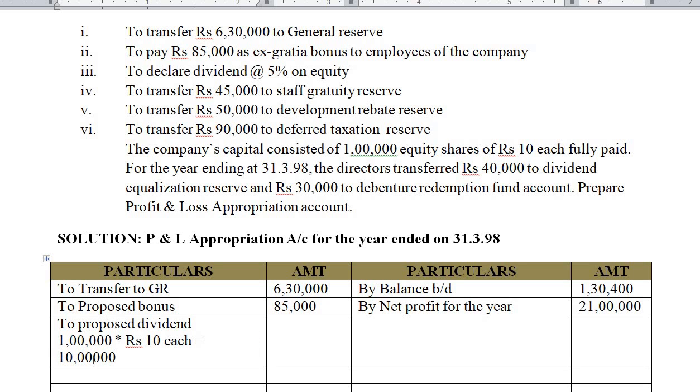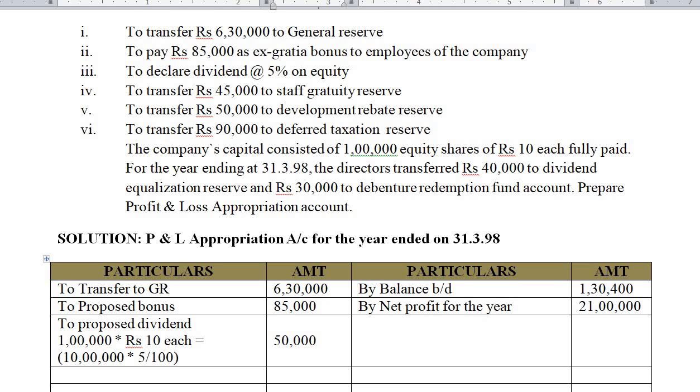So 10 lakh is your total equity share amount. Now you multiply by 5 divided by 100, which is the 5% on equity shares. When you do that, the amount you get is 50,000. So 50,000 is your proposed dividend.